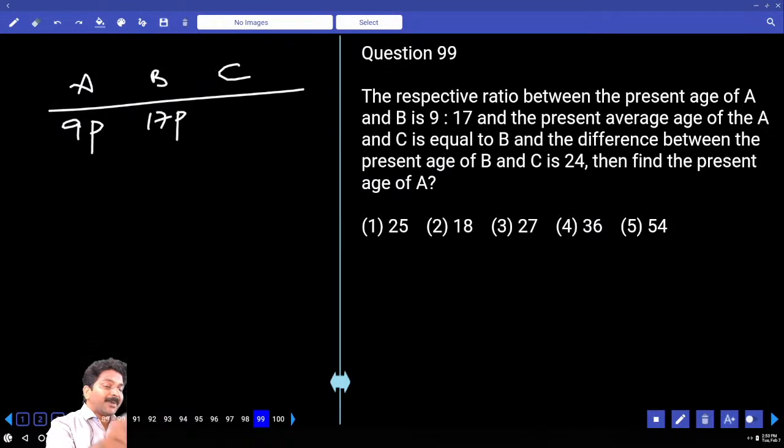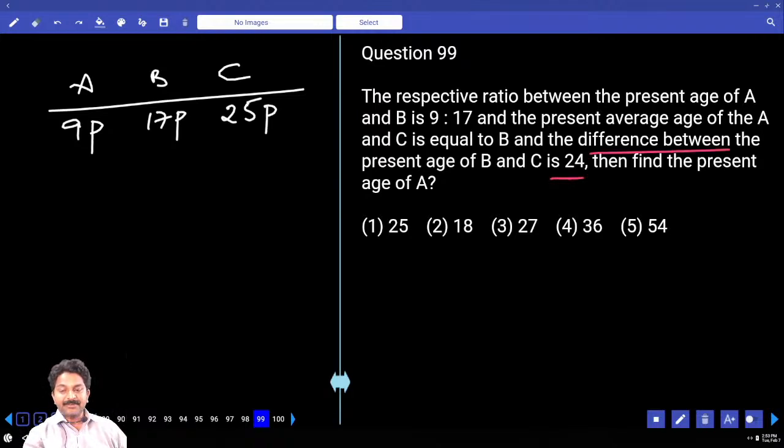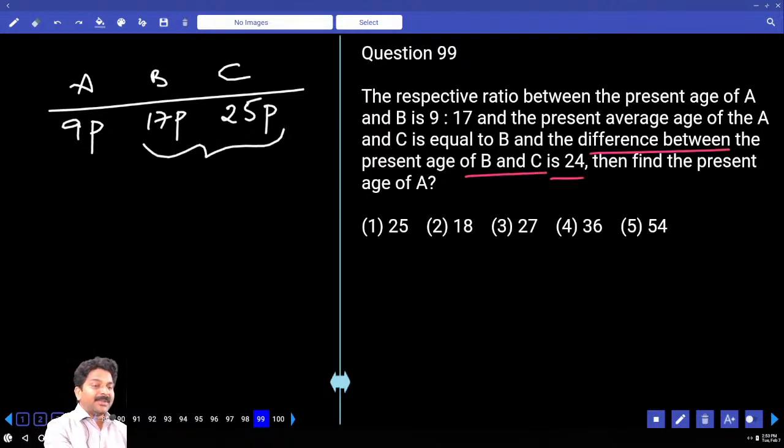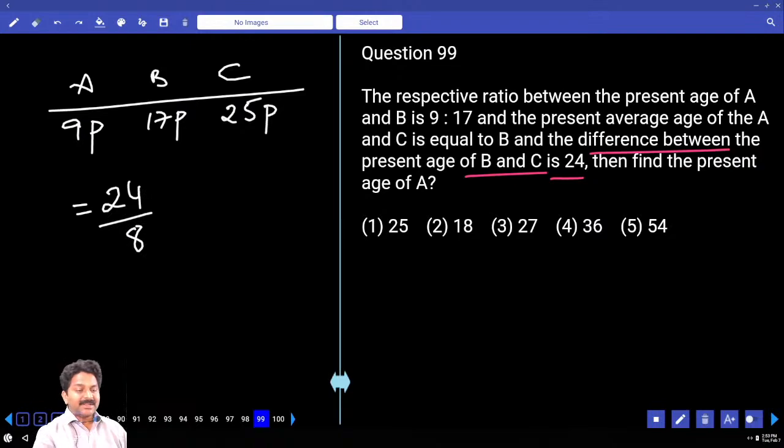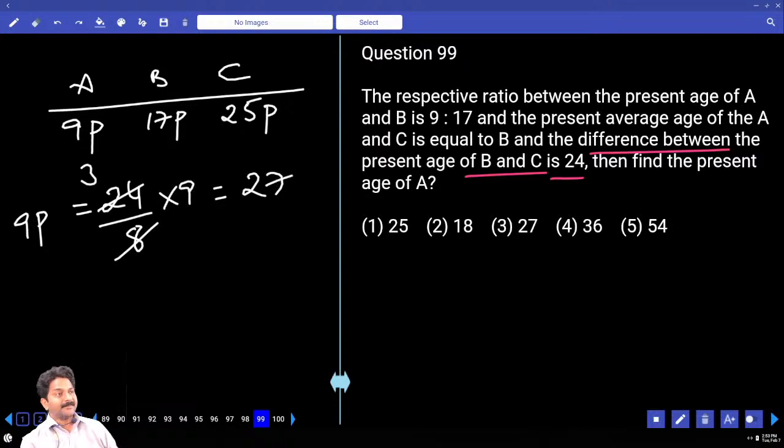Already we have 9 parts, remaining 25 parts. Got it? 24 is the difference between B and C. The difference between B and C, 8 parts, is equal to 24. 1 part is 3. A is 9 parts, 9 into 3 is 27.